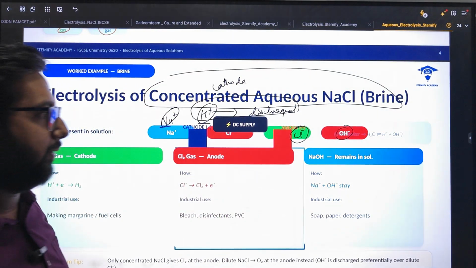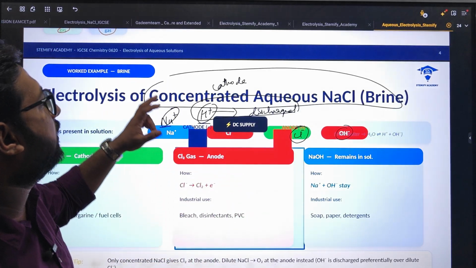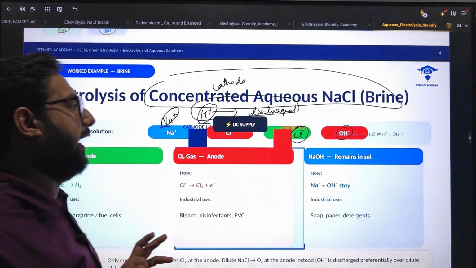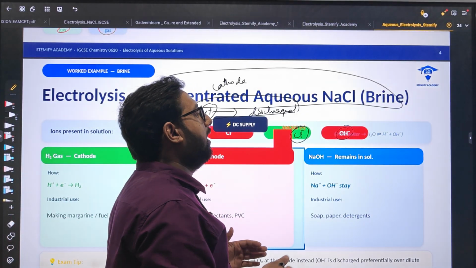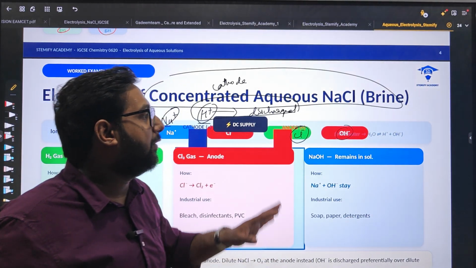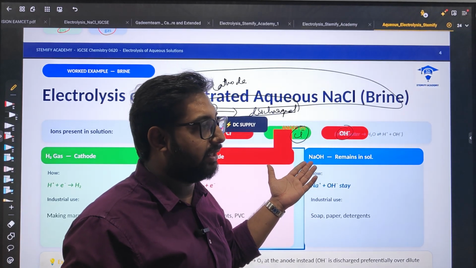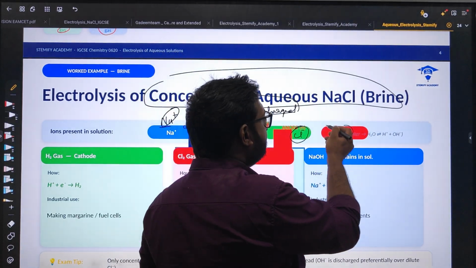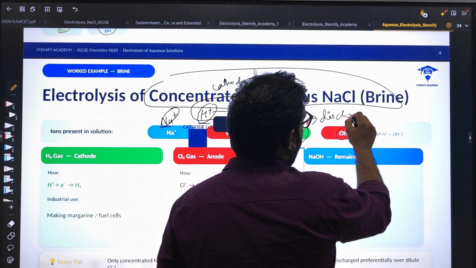Now let us look into the anode. Before going to the anode, you have to see whether the solution is concentrated or dilute. If it is a concentrated solution, then you have to see which of these ions is more reactive. Cl- is present and it is concentrated, so Cl will get discharged.